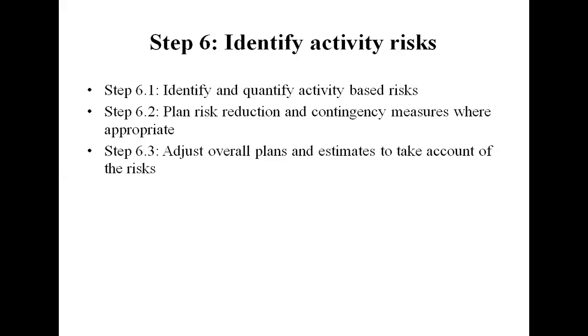Examples are giving training to the existing employees or information gathering. We have to contract other companies about that type of risk and gather the information to solve that risk. So all these types of activities come under adjust overall plans and estimation.